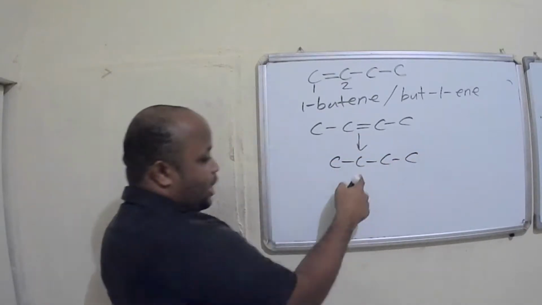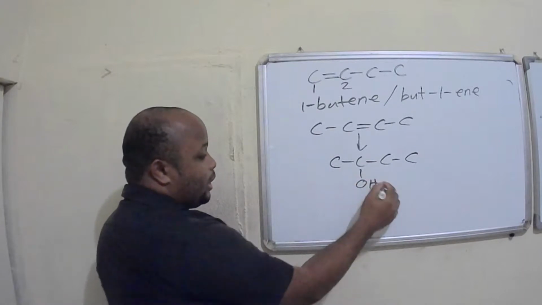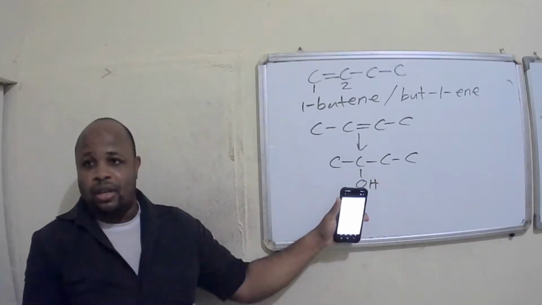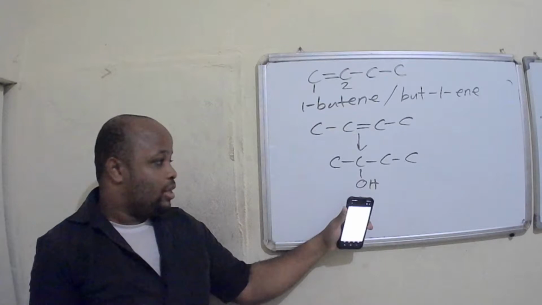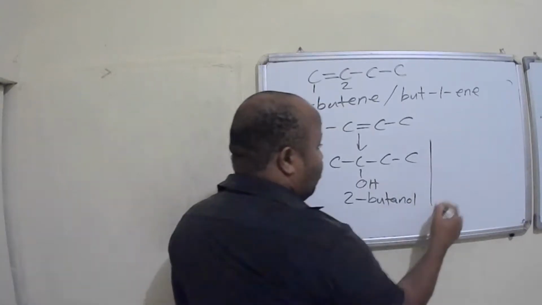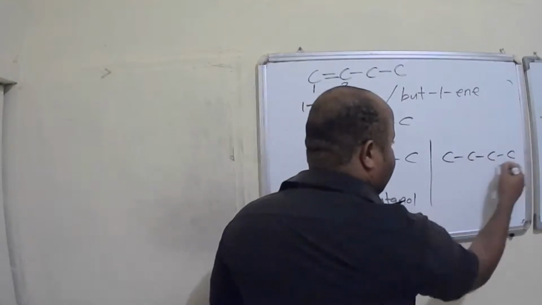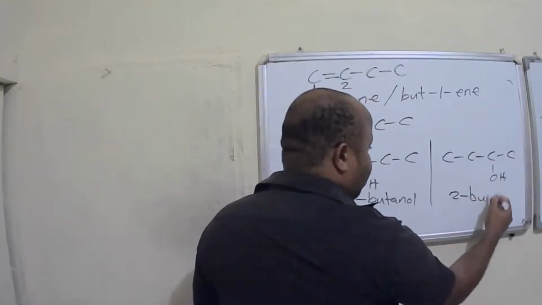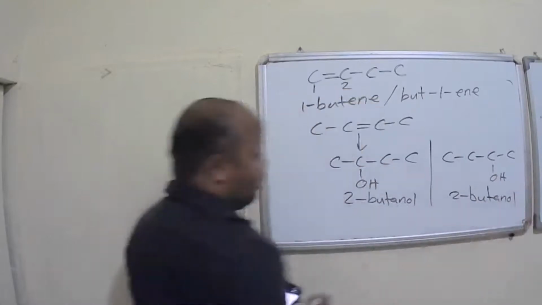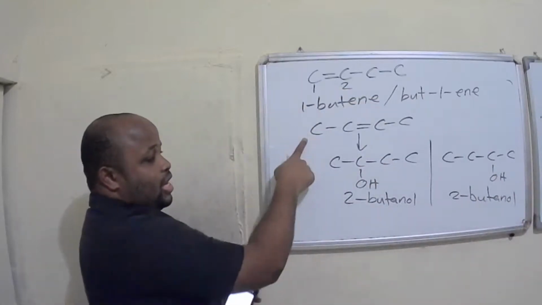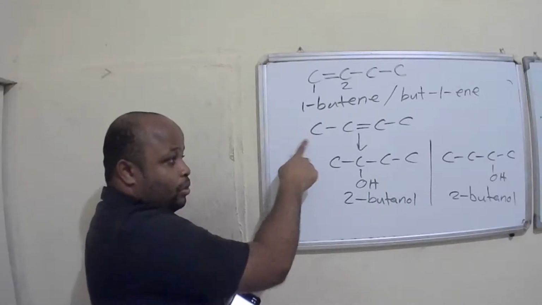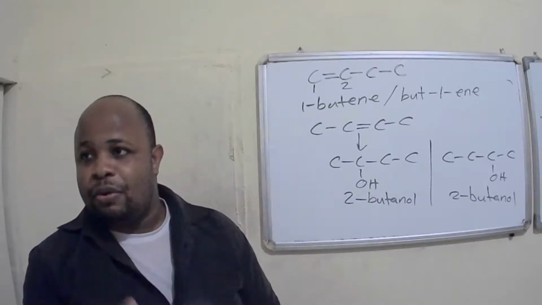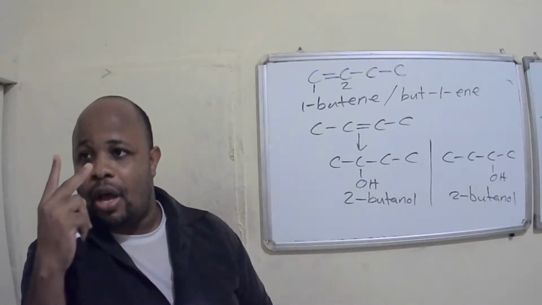Now if you put the OH here, it is going to be 2-butanol, right? Now if you put it on the next carbon, it is still going to be 2-butanol. So clearly, this cannot be compound Q, because when you hydrate Q, you're supposed to get two different alcohols.